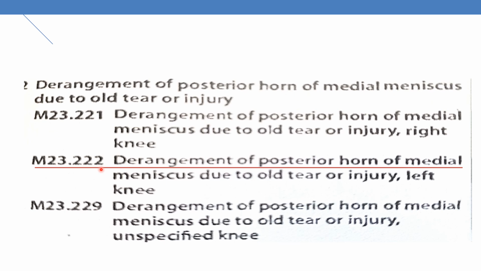M23.222 is the correct complete code. It indicates derangement of posterior horn of medial meniscus due to old tear or injury, left knee. This is one of the correct codes, M23.222.